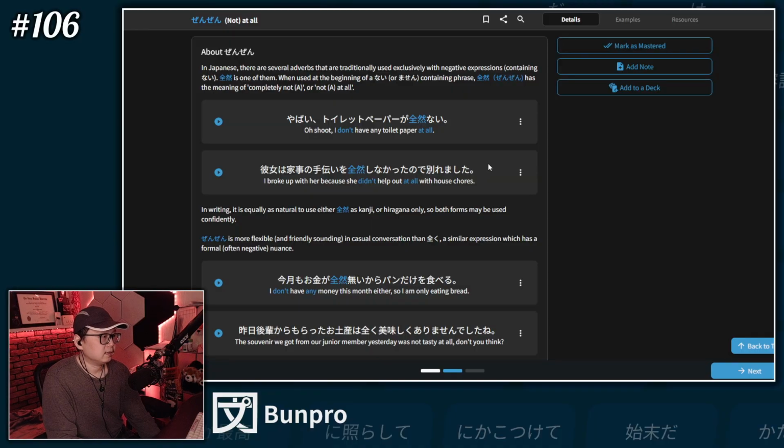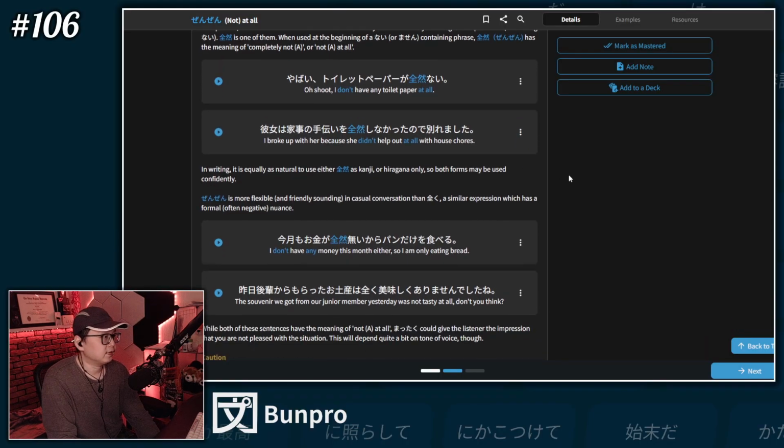In writing, it is equally as natural to use either zenzen as kanji or hiragana only, so both forms may be used confidently. Fair enough. Zenzen is more flexible and friendly sounding in casual conversation than... oh, or not zenzen.